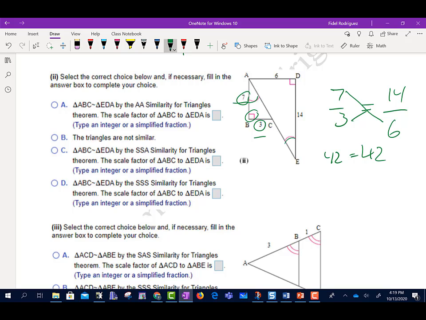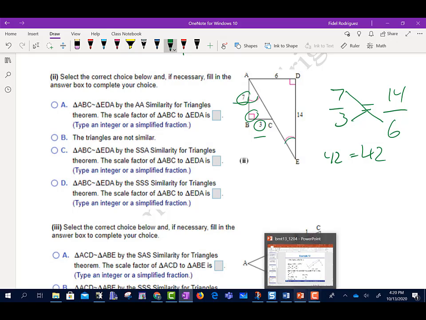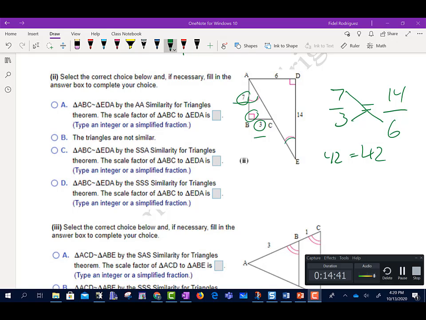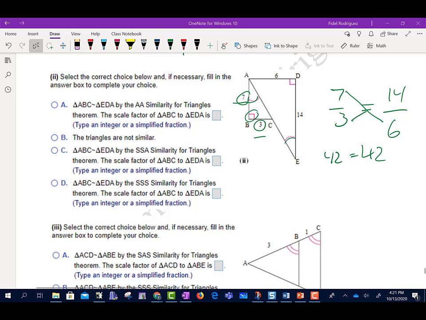I'm trying to figure out which one it's going to be. Angle, side, angle, angle, angle, angle, side, side, or side, side, side. Let me see which one. Hold on, guys. So guys, I would say this one is also going to be similar by the angle, angle. So I'll click this one here.